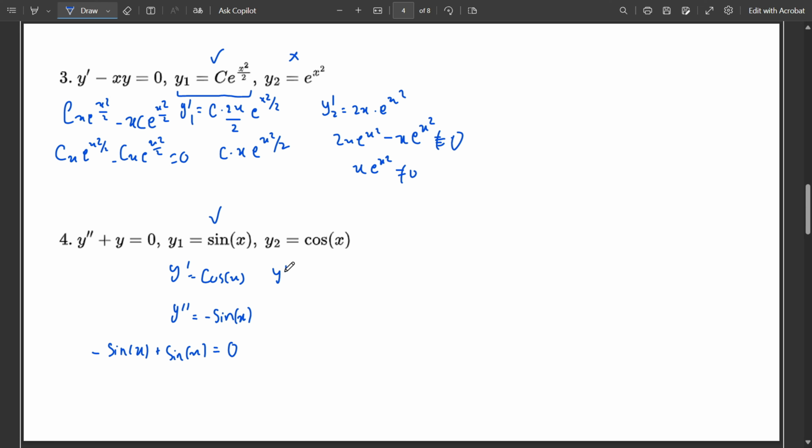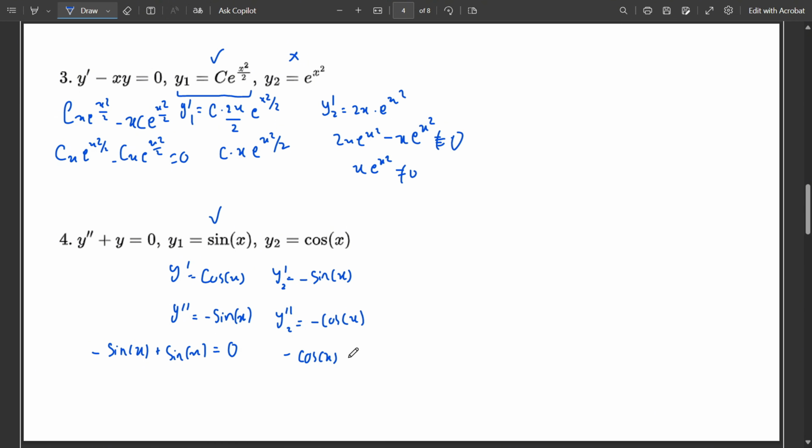So we have y equals cosine x, and y prime is the derivative of cosine x, which is just negative sine x, and y double prime must be negative cosine x. Okay, so we check here, we have y double prime as this derivative, negative cosine of x, substituting in the differential equation.